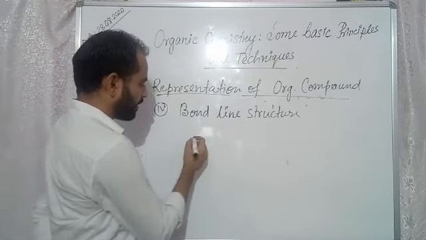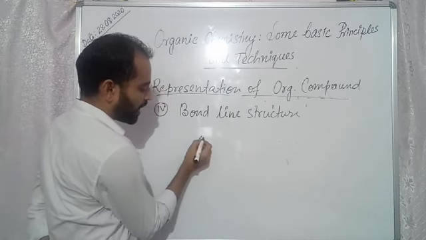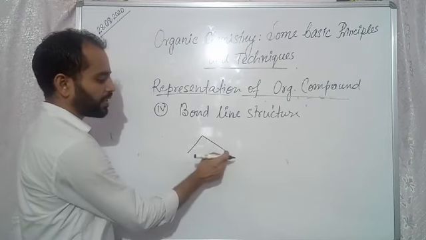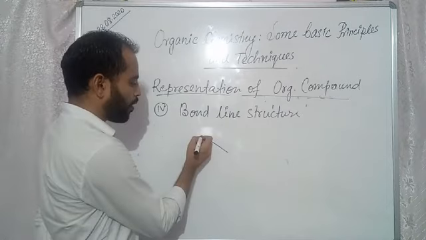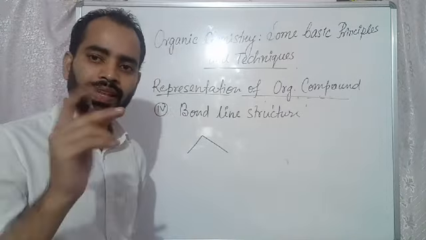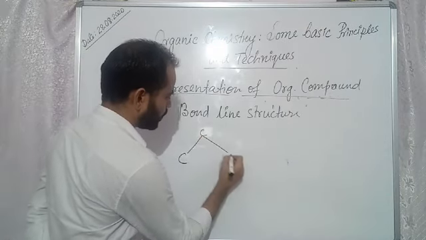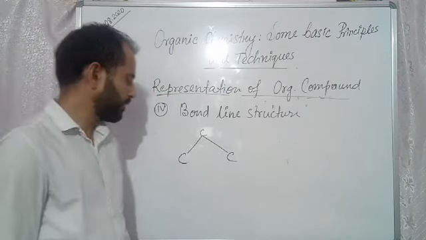In bond line, if 2 lines meet at a point, suppose this is one line and this is another line meeting in a point, this point also represents one carbon. So how many carbons are there? 1, 2, 3. Is it clear?